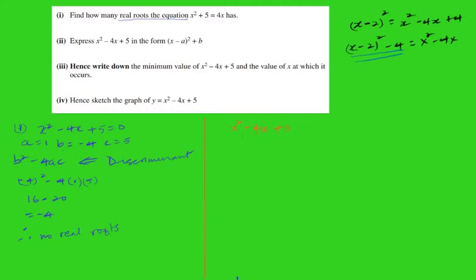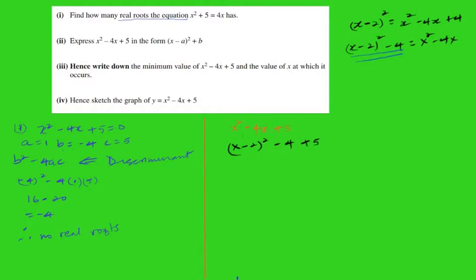So we have x minus 2 all squared subtract 4 plus 5.